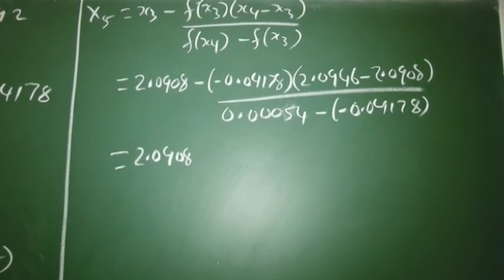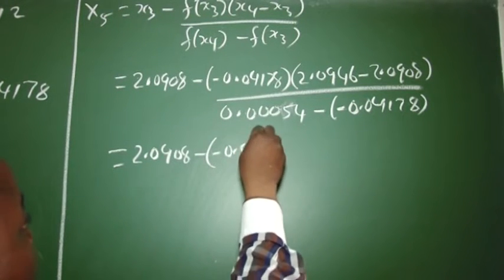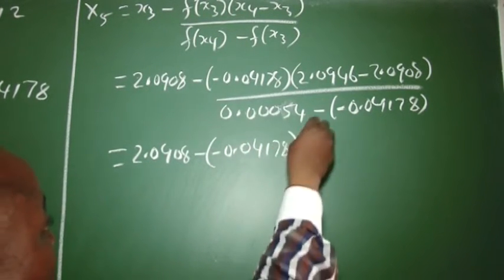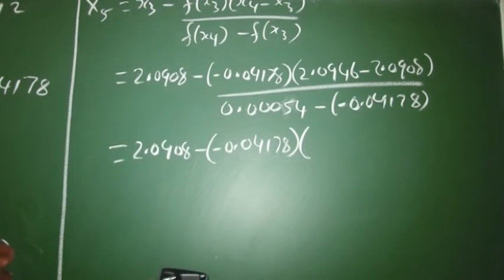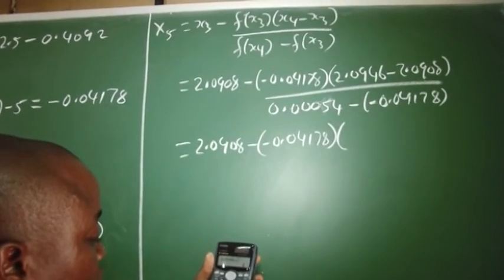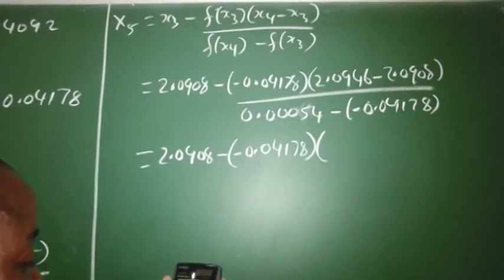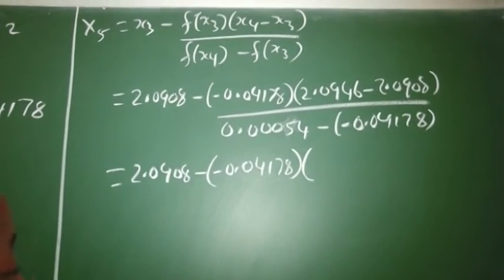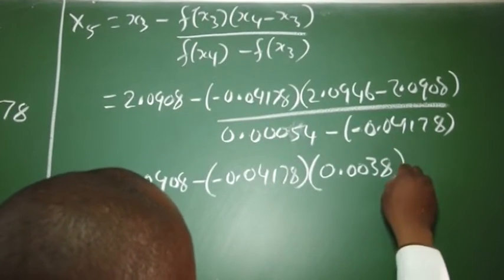Okay, and that will give us 2.0908 minus 0.04178. Now we'll subtract this: 2.0946 minus 2.0908 equals 0.0038.